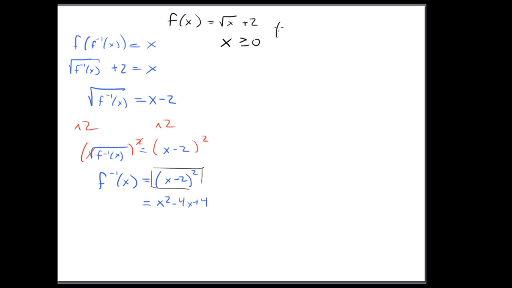So this has a domain of 0 to infinity, right? That means the same thing here: the range of our inverse will have to be from 0 to infinity. Can't get anything other than that.